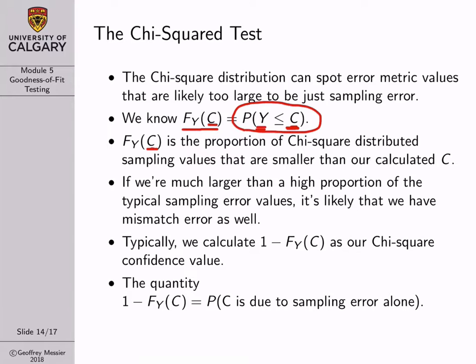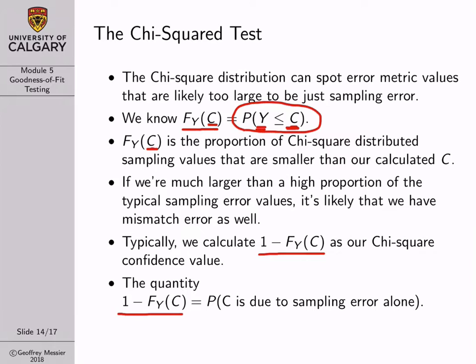Just by convention, we usually don't calculate the CDF value. We usually use 1 minus the CDF value as our chi-squared confidence value, or sometimes it's called the significance value. And the way to interpret 1 minus the CDF of C is it basically gives us the probability that C is due to sampling error alone. So that's typically how we express that.